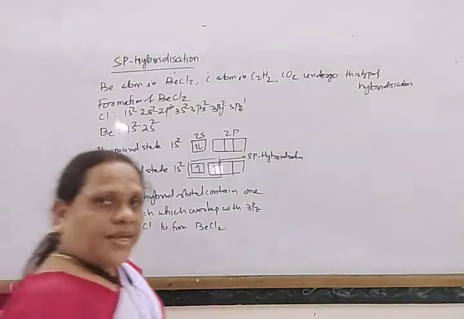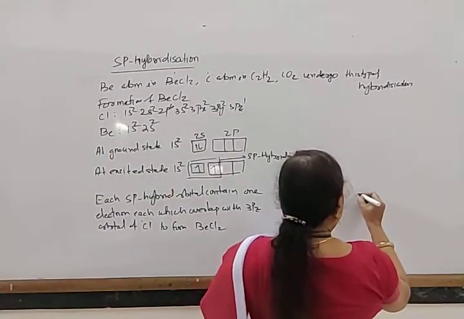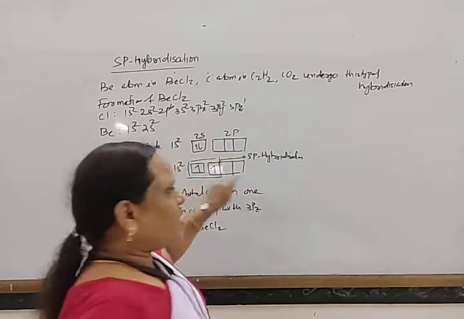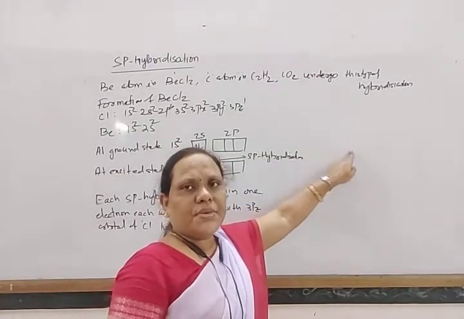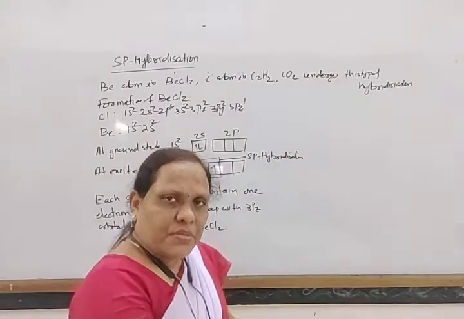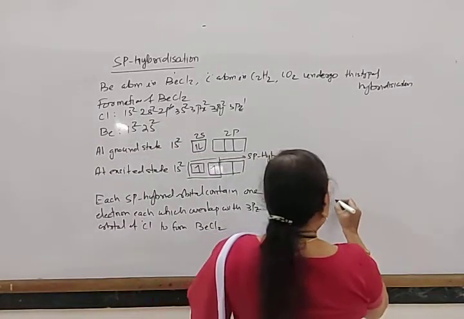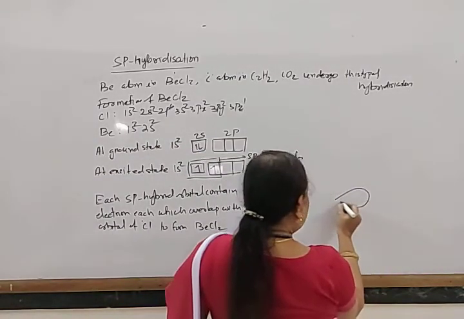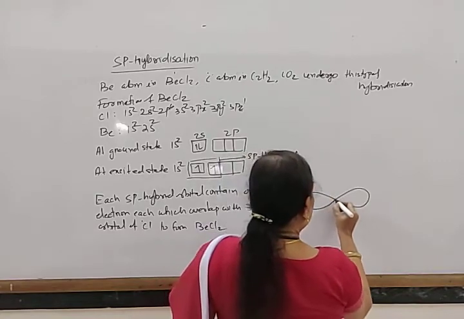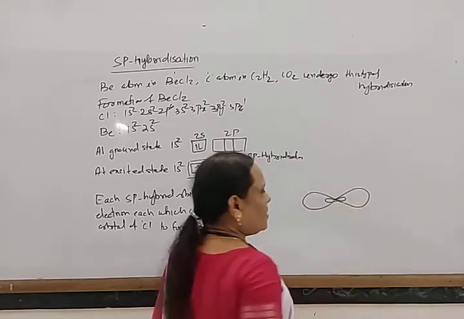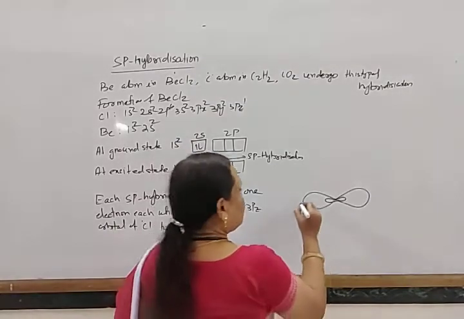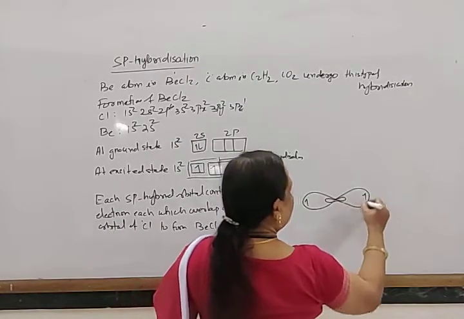So you know the sp hybridization, no need to write again the s orbital, the p orbital and the intermixing. We have already discussed the sp orbitals. In this way it has a linear structure, and these are the two sp hybrid orbitals which contain one electron each.